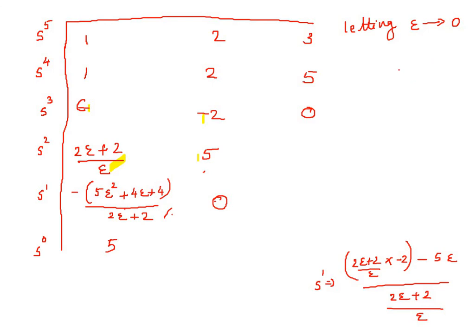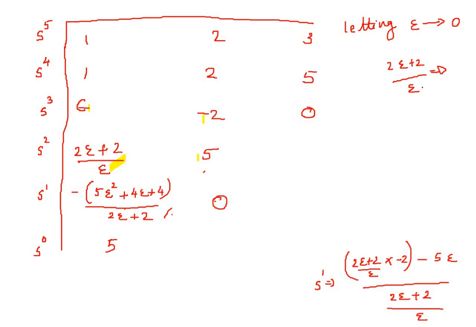So we are assuming epsilon is a very small positive number, and we are letting epsilon go to 0. So what will 2 epsilon plus 2 by epsilon be when you apply the limit epsilon tending to 0?